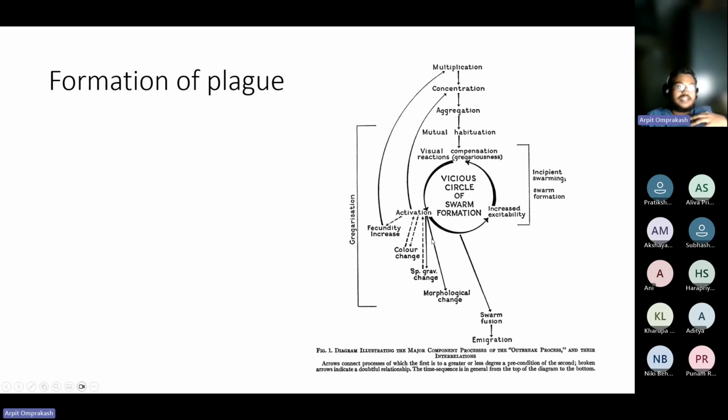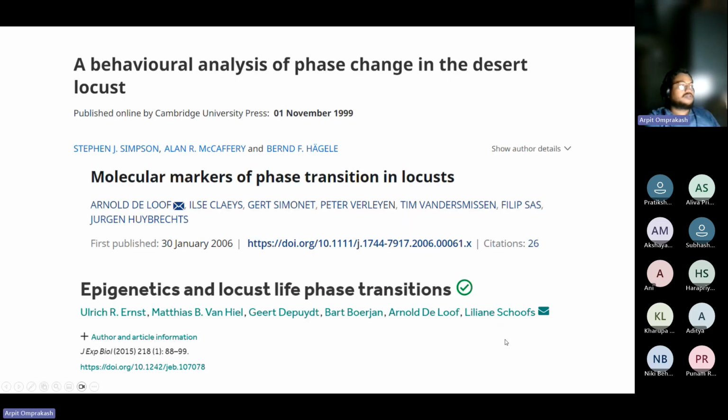And after a while, we observe these color changes and other morphological changes. So the solitary population is now becoming gregarious. After that, a lot of swarms form, and because resources might be getting depleted by now, these swarms emigrate to other areas and multiply there. Right.